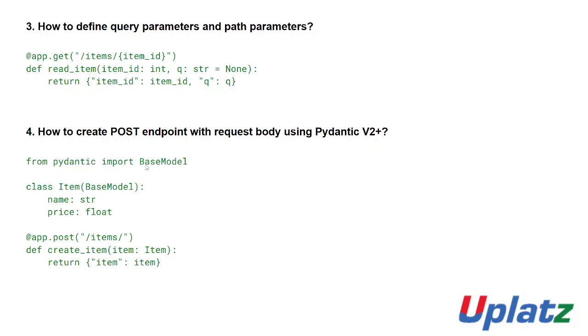From pydantic import BaseModel. class Item, which has the parent class BaseModel: name of type string, price of type float. @app.post("/items/"). def create_item(item: Item): then return {"item": item}.